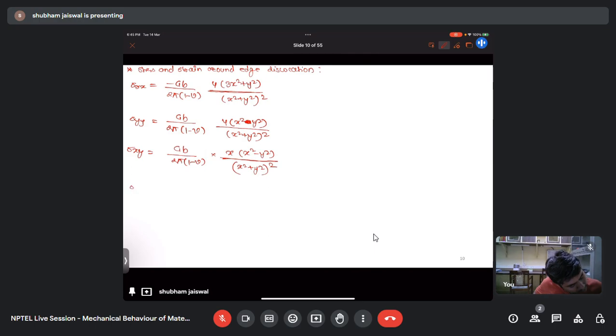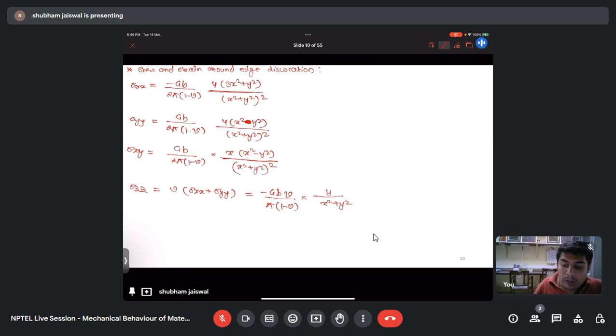And the sigma zz is nothing but mu into (sigma xx plus sigma yy). So this will be equal to minus Gb mu upon pi (1 minus mu) into y upon (x square plus y square).